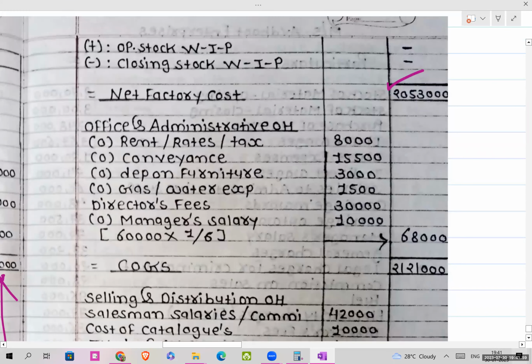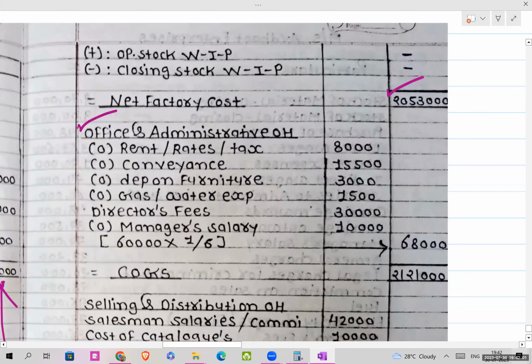To this I will add my office and admin overheads. This is my list. I have 1, 2, 3, 4, 5, 6 items under admin overheads.